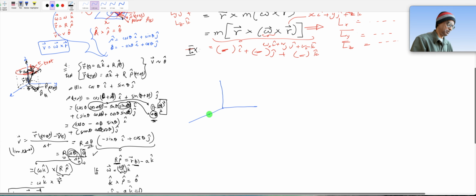So suppose something is going in the xy plane, like that way. So this is x, y, z. The position vector here is just x i hat plus y j hat. Z is 0 all the time.